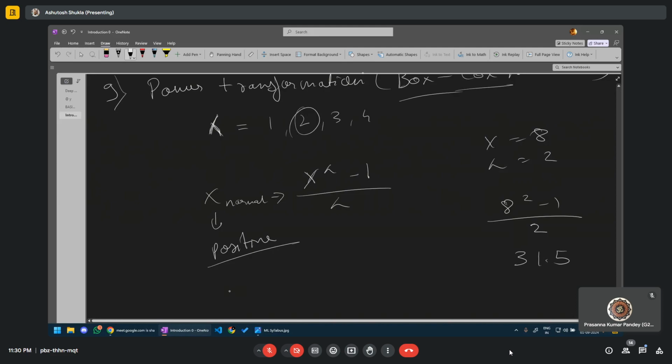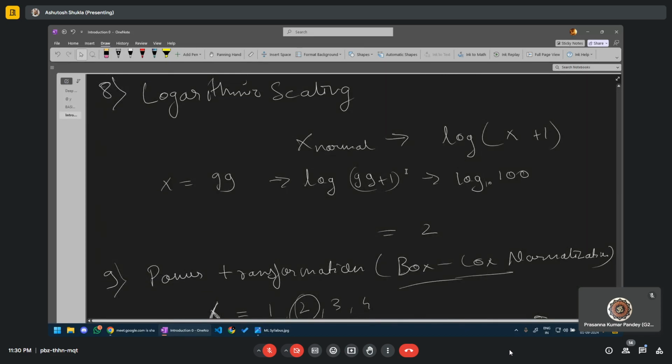The other one is called Yeo-Johnson, and it takes both positive and negative values. These are most of the normalization methods.